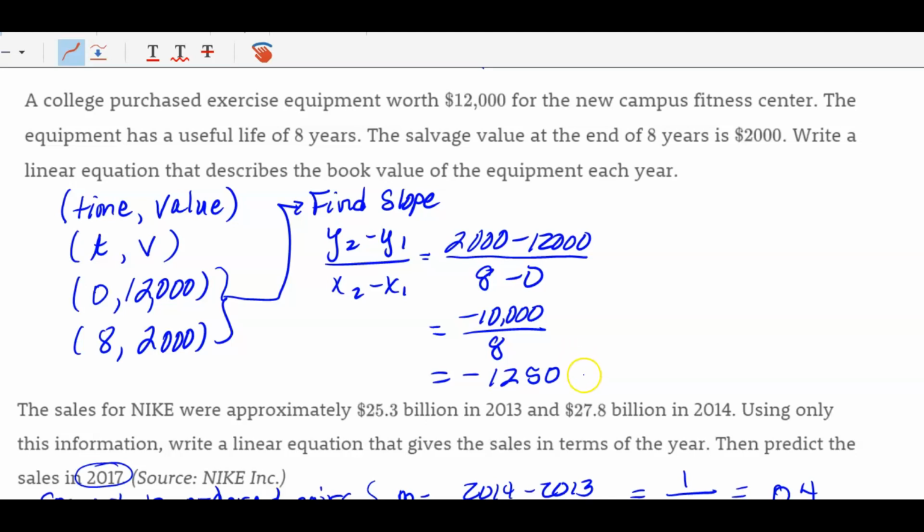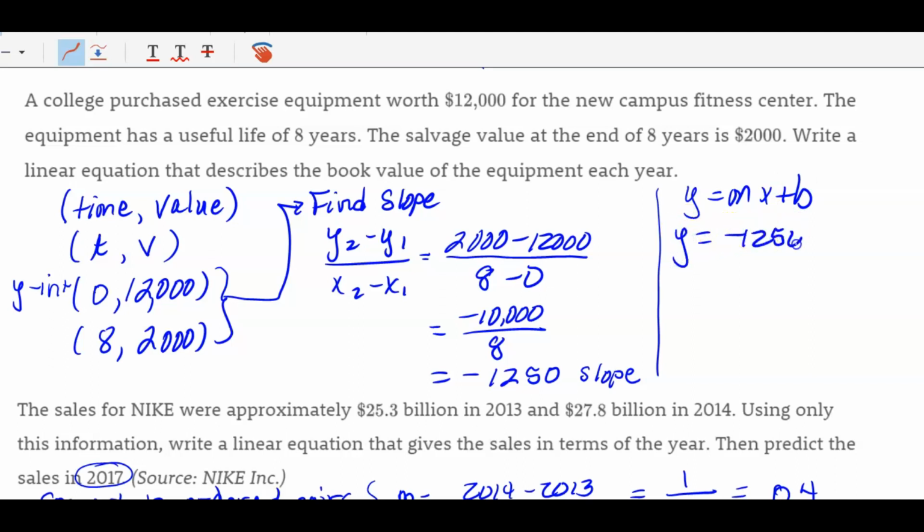We have a slope, and we actually have a y-intercept. Remember the y-intercept, when you let x be 0? This is my y-intercept. So I can use the form y equals mx plus b to find this equation. y is equal to m, which is negative 1250, x, got to put that x in.